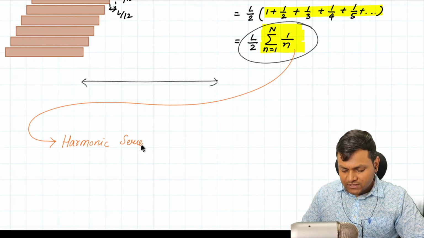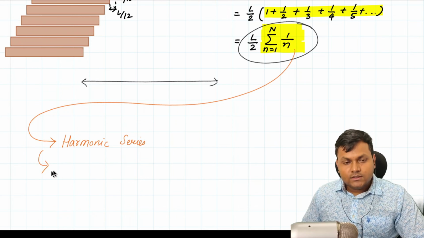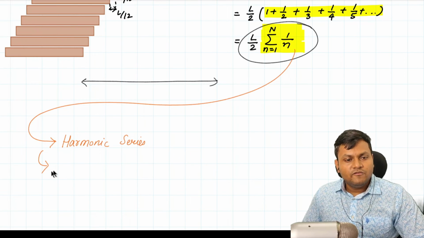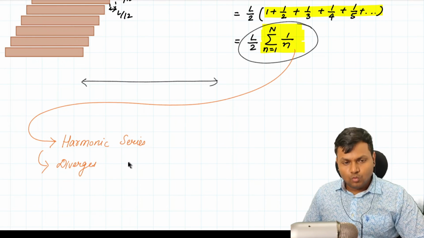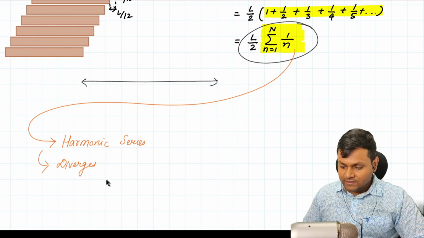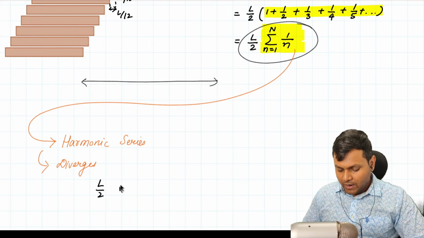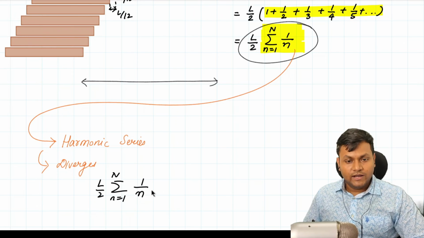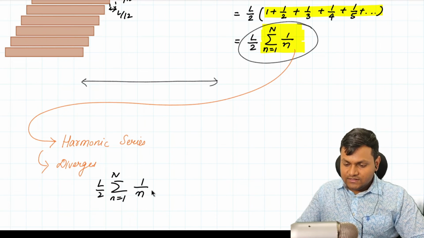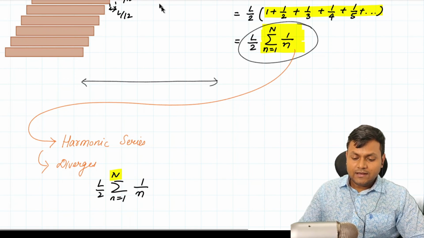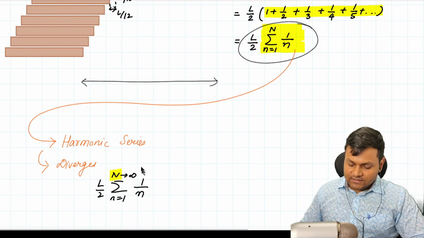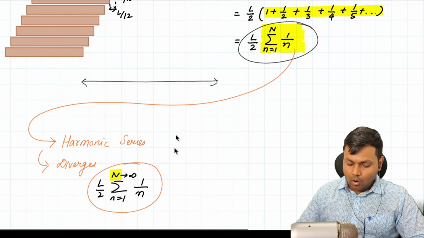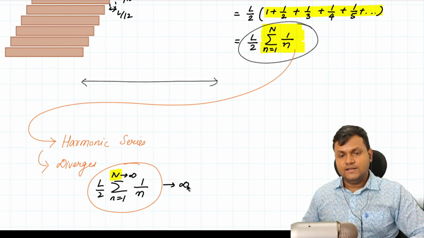And this harmonic series, as it turns out, does not converge to some fixed value. In fact, it diverges, which means what? It simply means that if you look at this term L by 2 times the summation from n equal to 1 to capital N of 1 upon n, then if N tends to infinity, this series sum will also tend to infinity.